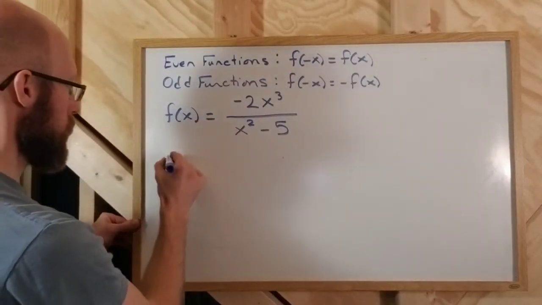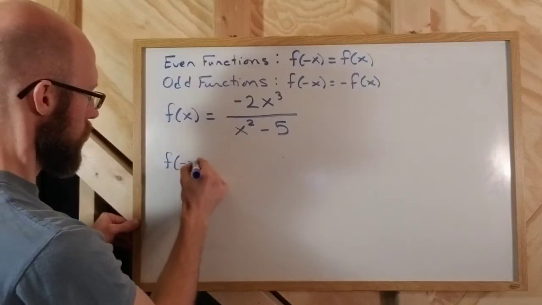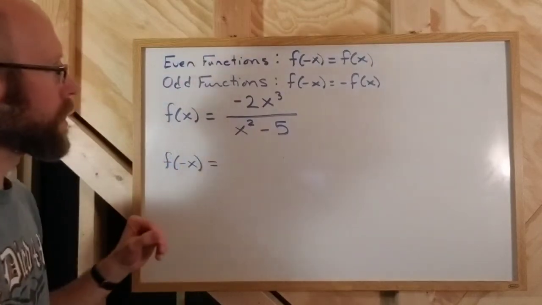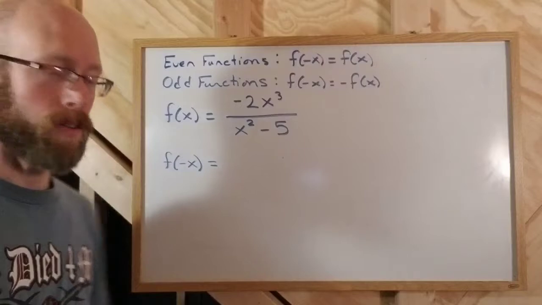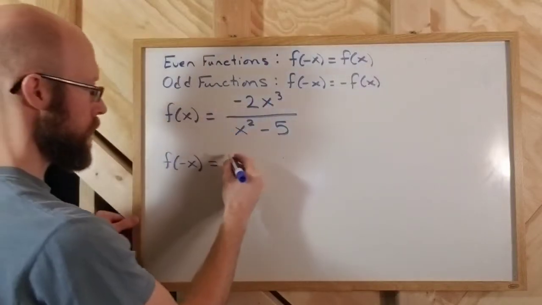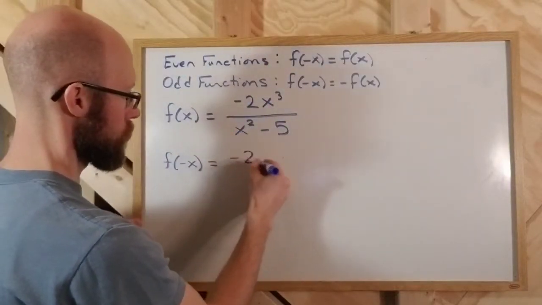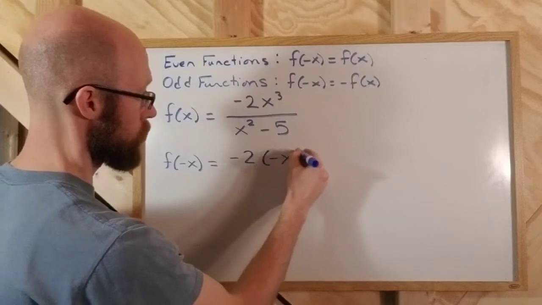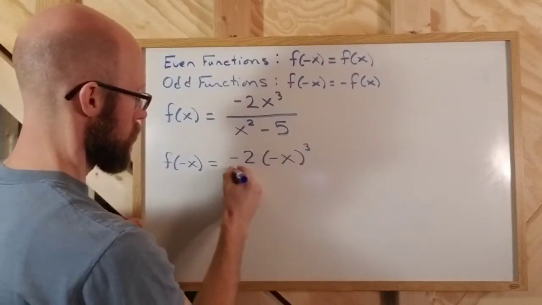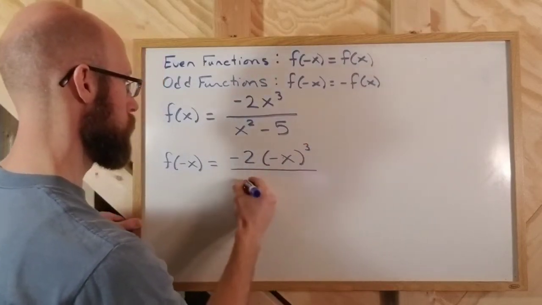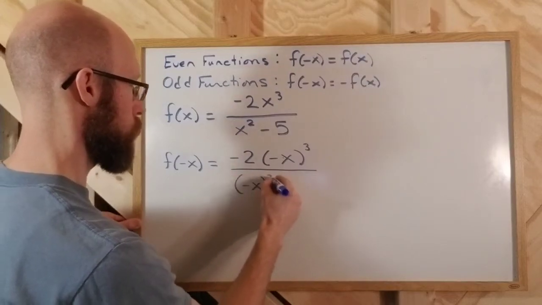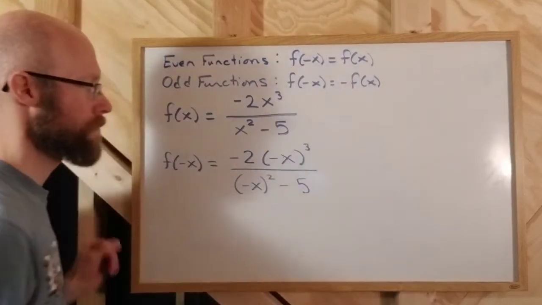You plug in a negative x, and then we see what we get out. So I'm going to replace all the x's with a negative x. So we get negative 2 times negative x cubed, all over negative x squared minus 5.